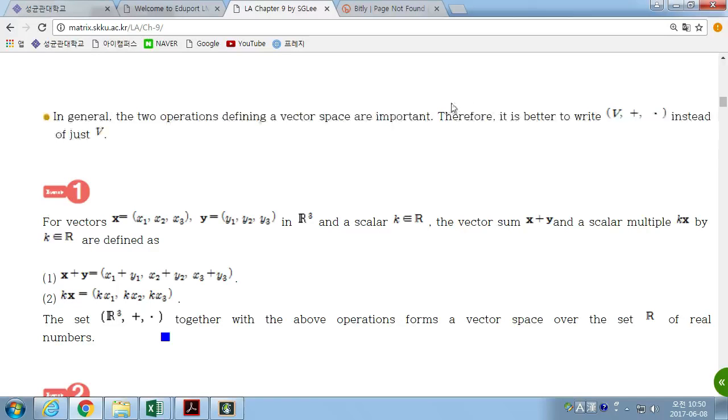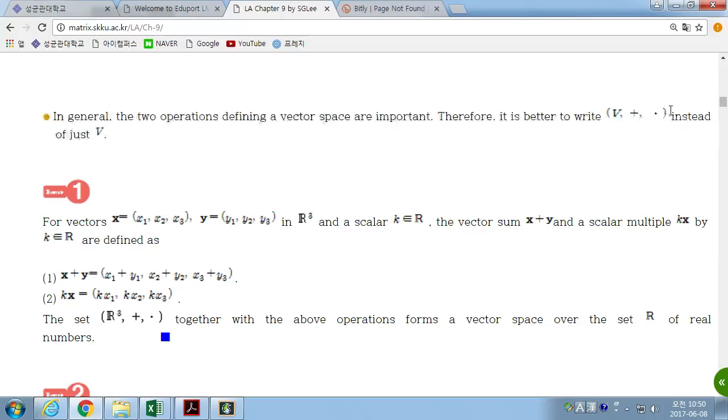So in general, when we say vector space, instead of just V, we write V with these two binary operations forms a vector space. This is a proper notation, because we could have a different vector addition and scalar multiplication. We can have many different operations that satisfy the 10 properties.